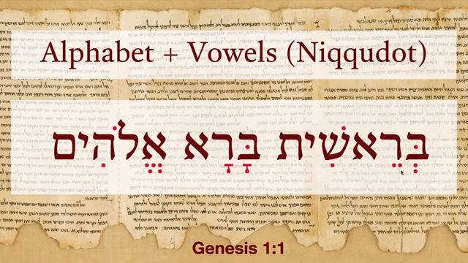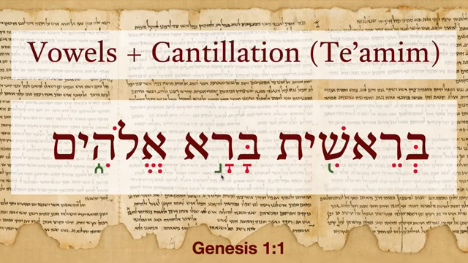So these red bits are the vowels. And if you add these green bits to the text, then you get the cantillation. So these are the cantillation, teamin, and they're meant for chanting the text, and sometimes also meant for stressing certain syllables, etc. Very rarely they do also have an impact on the meaning of the text.